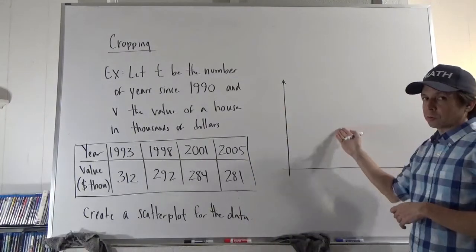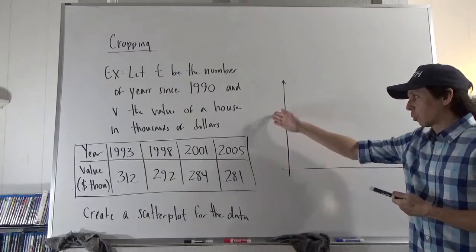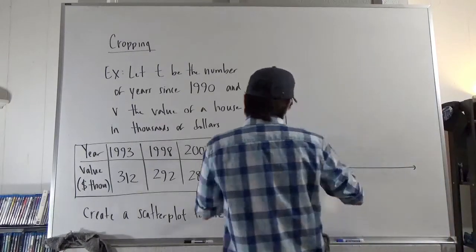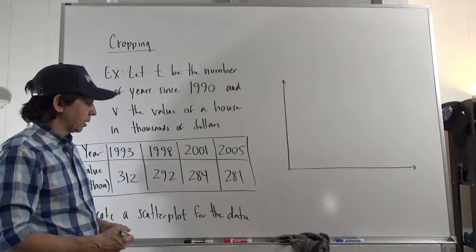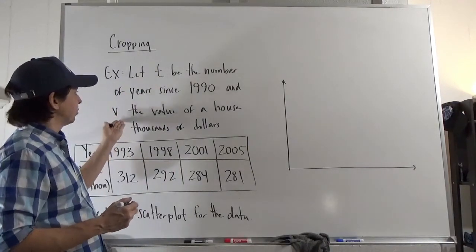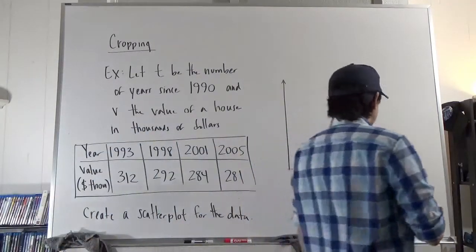Still, first quadrant we're focusing on because none of these data values will be negative, so you don't need to show quadrant 2, 3, or 4 and waste paper. Use your graph paper to show only the first quadrant. And now, you're going to have T and V, the value of a house, T the number of years, or essentially time is what it's standing for.